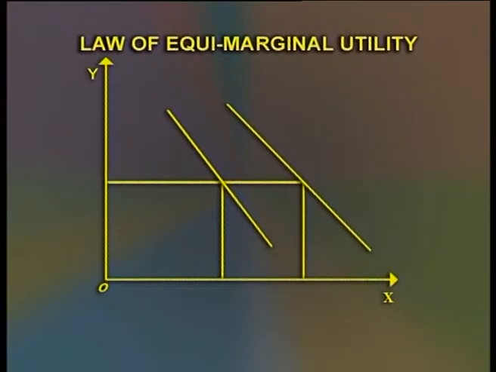Now, we can understand the same thing by trying to look at a diagram. The diagram has 2 marginal utility curves, DD and D1 D1, and you can see that on the vertical axis we are measuring marginal utility, and on the horizontal axis we are measuring money that is spent.